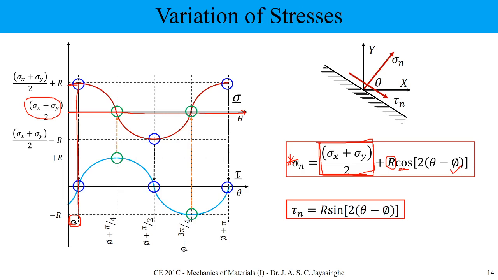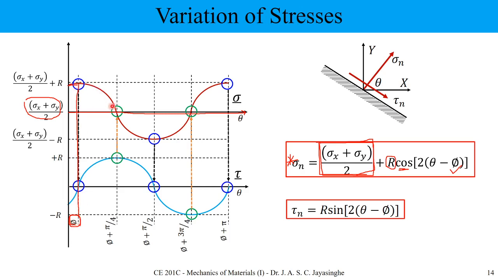R is actually the radius of that curve, but I'm not going to use it now. So just plot it. We can see clearly there is a shift, which we call the phase shift. From your A level knowledge, you know these things.